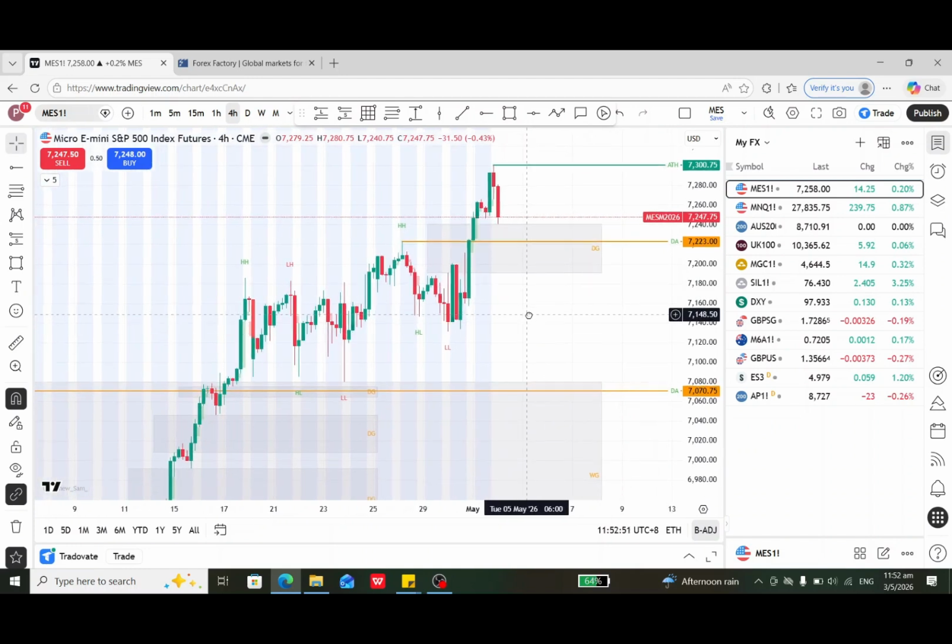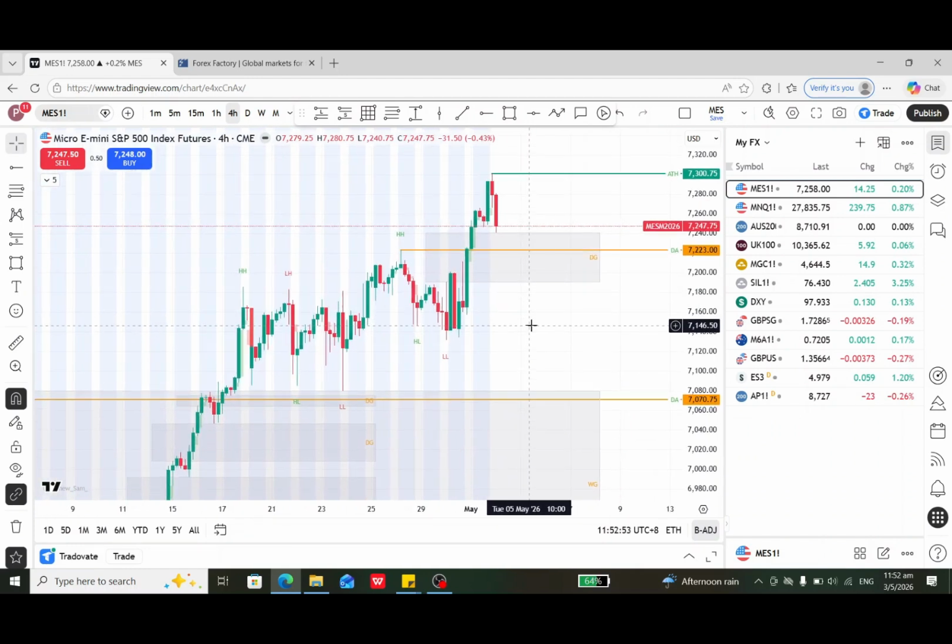For the last few weeks I'm noticing that the market created an all-time high, then came and broke above. After breaking the all-time high, it created a new all-time high. After this new all-time high, the market ranged, then created another new all-time high. Then last week it also created another new all-time high.